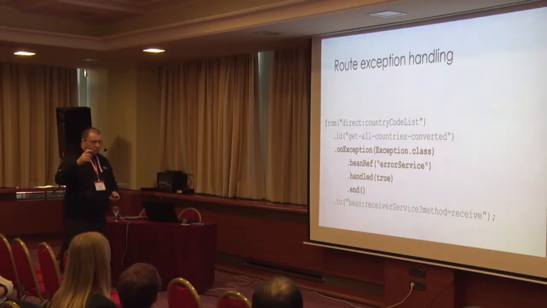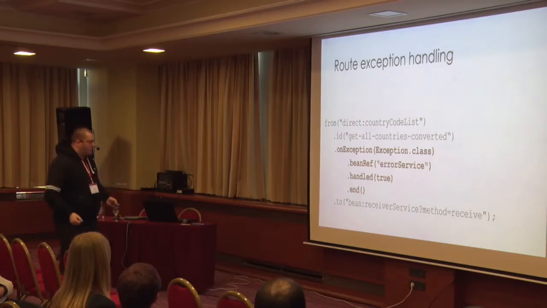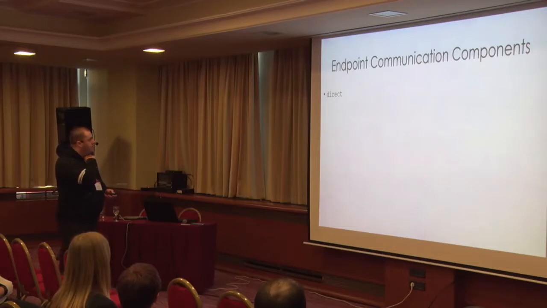So the component of Apache Camel called file, and then you place certain information: file location, what you want to do with that file, and what kind of operation you want inside that file, whether you want to delete it or copy it or whatever.